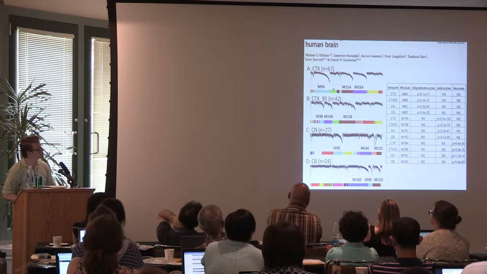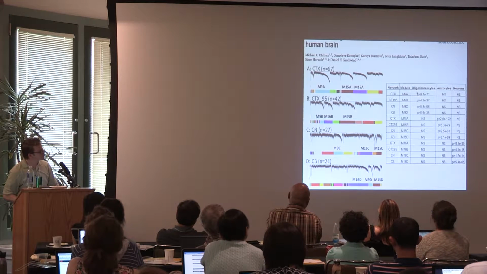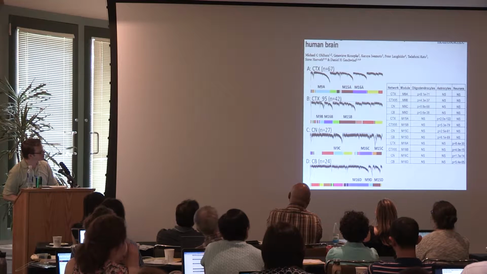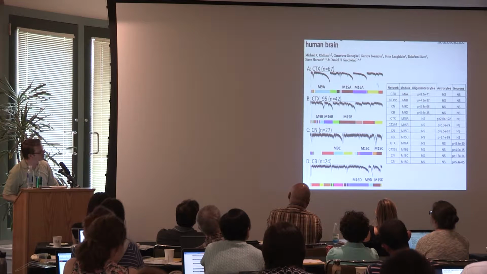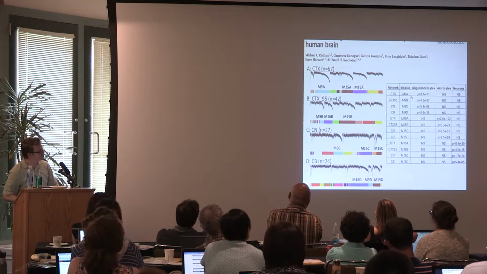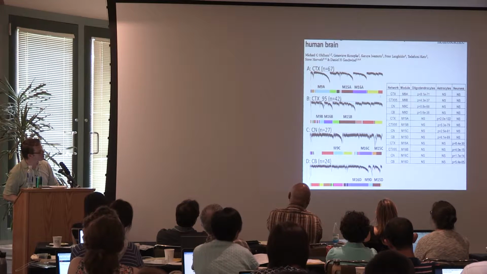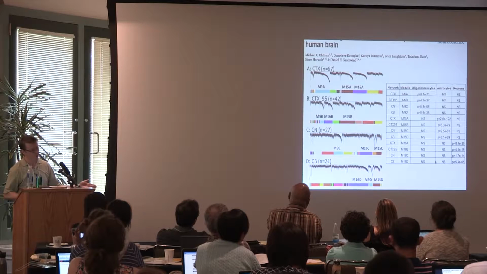When we cross-referenced the composition of these modules with experimentally validated markers of major cell classes, we saw that this M9, or the turquoise module, shown in all the 4 data sets, was very significantly enriched with markers of oligodendrocytes in each of the 4 data sets. This brown module with markers of astrocytes, and this blue module with neuronal markers, right?